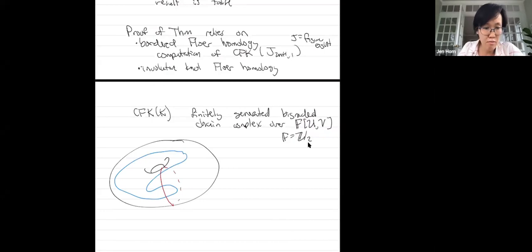It turns out this is one of the trefoils. You have these intersection points that are going to be your generators. And then this disk here is a disk from B to A that crosses W, so we count how many times it crosses W with the variable U. And then this disk here is a disk from B to C that crosses Z. And so we'll count that with the V.